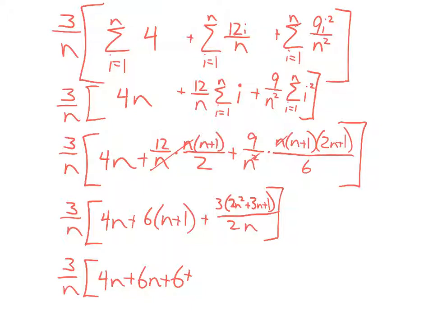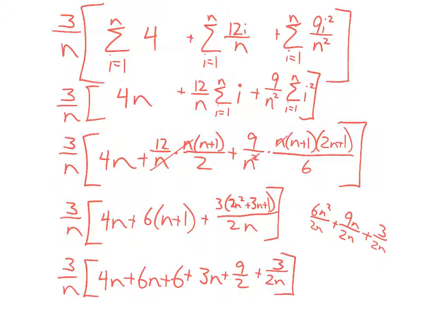That is 6n squared over 2n plus 9n over 2n plus 3 over 2n. And you can see those would simplify. I've got a 3n plus 9 halves plus 3 over 2n. Okay?